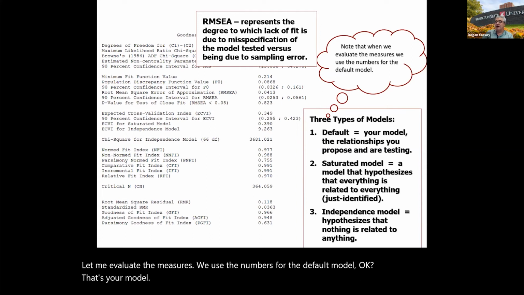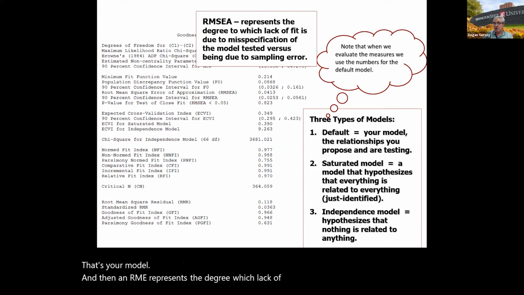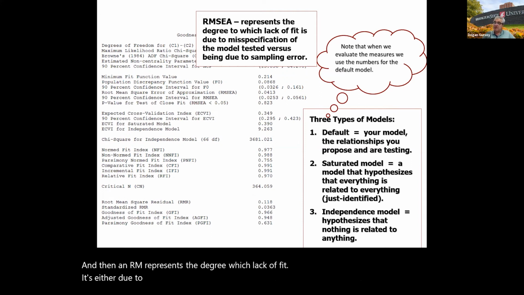RMSEA represents the degree of lack of fit, either due to misspecification of the model tested or due to sampling error. Either it's a misspecification or a sampling issue. That's why we need to see these badness of fit indices.